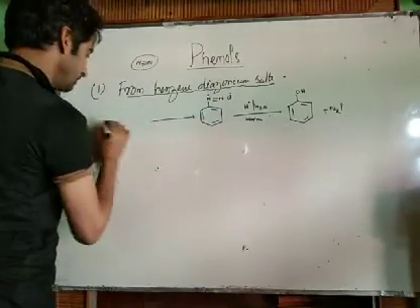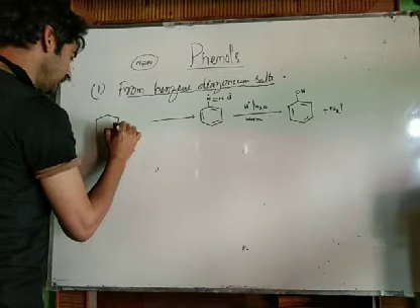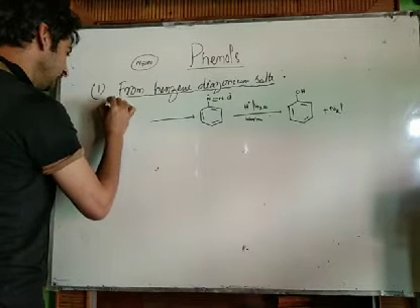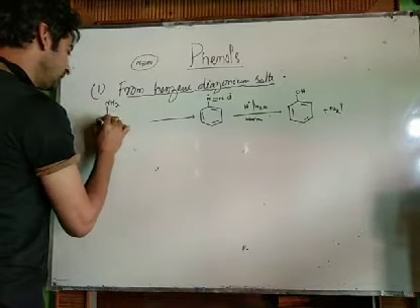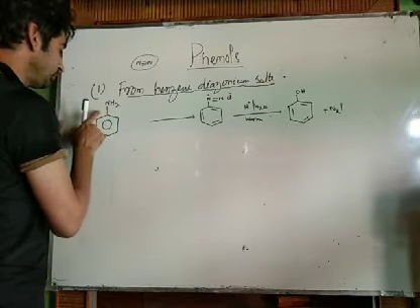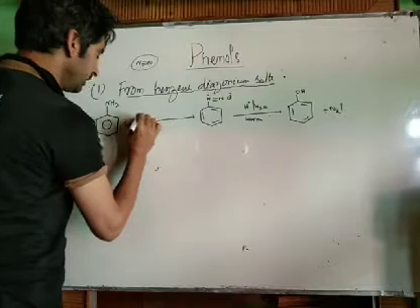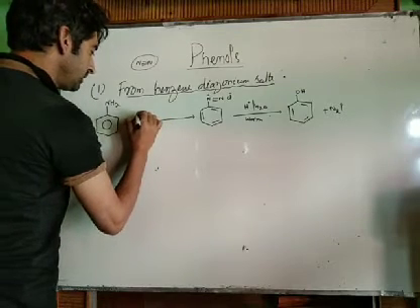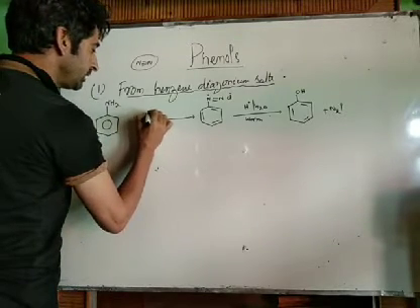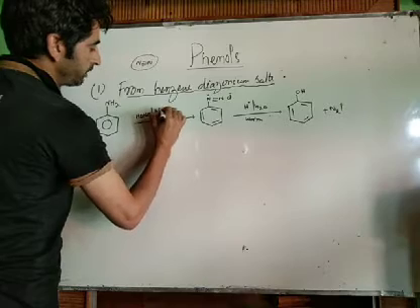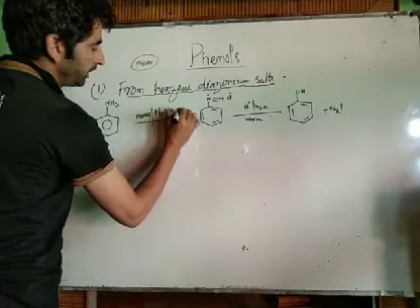It is formed from aniline. This is our aniline, an organic compound in which NH2 group is attached to the benzene ring. Now this aniline is treated with nitrous acid. Nitrous acid is HONO. This nitrous acid is obtained from sodium nitrite, NaNO2, and HCl.